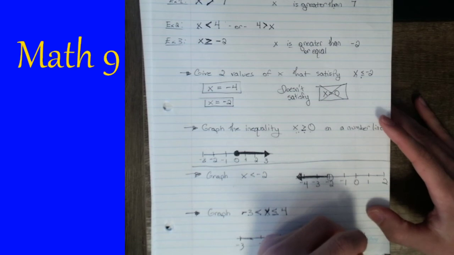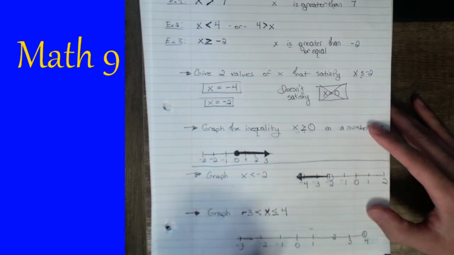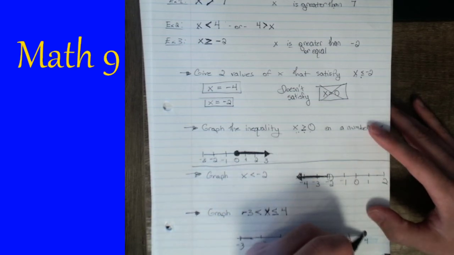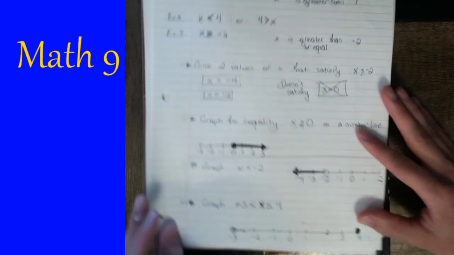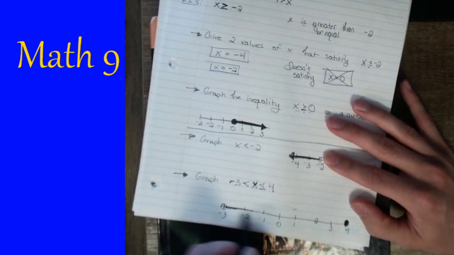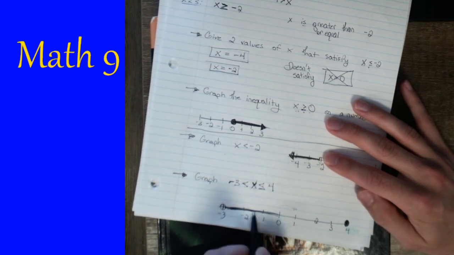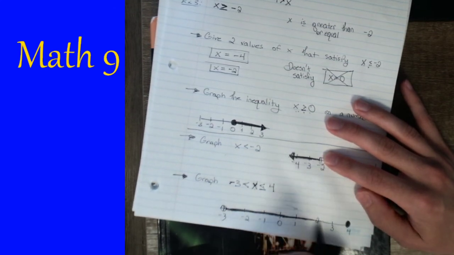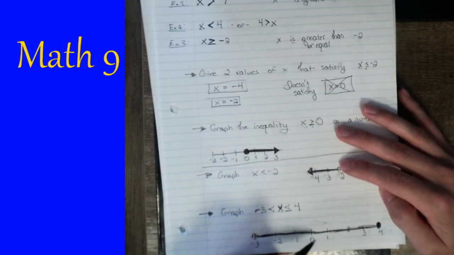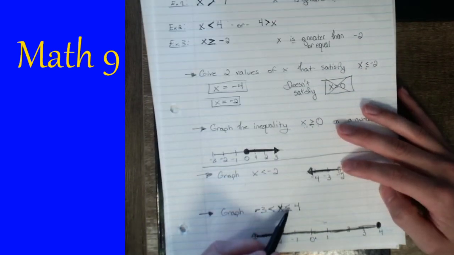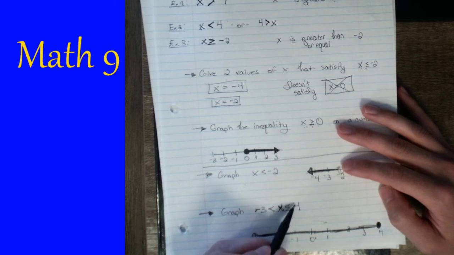I can be equal to 4, so that's a closed, filled-in circle, but I cannot be equal to -3, so I'll leave it open, and then everything in between is okay. In other words, is 0 less than or equal to 4?